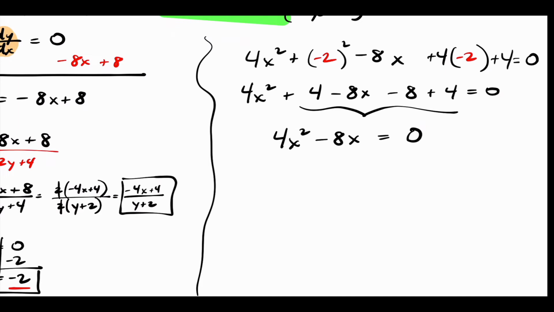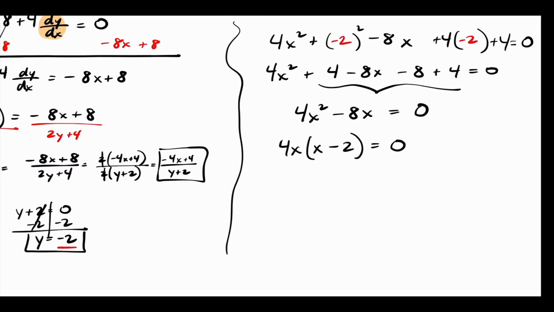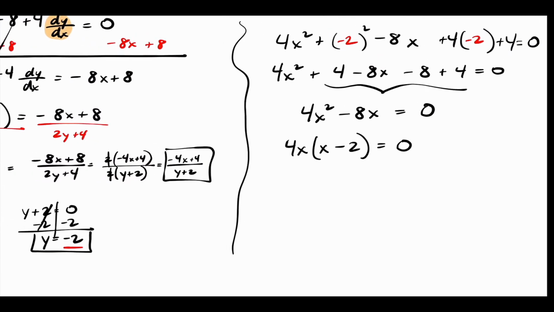How do I? Not an x. 4x. Yep. Factor out a 4x. I get x minus 2 equals 0. Okay, what do I do now?